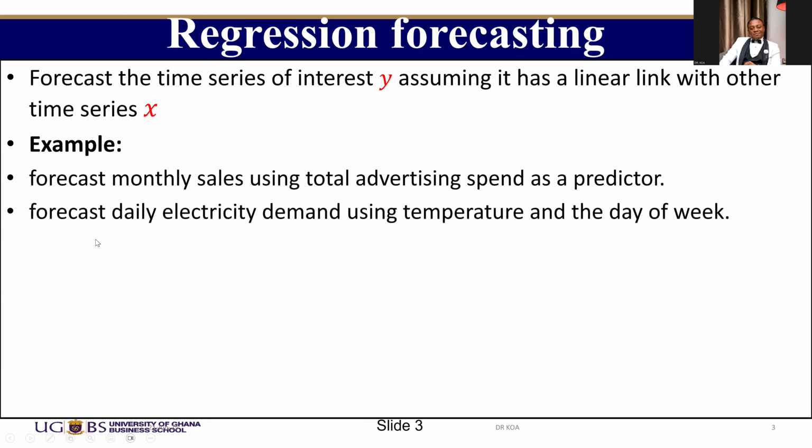Another example is electricity demand. You can forecast daily electricity demand using the temperature. For example, if it is getting hotter and hotter, people use their cars more, and they burn electricity quickly: electric stove, television, house electrical appliances.